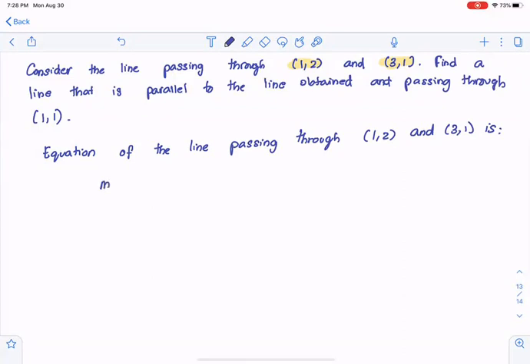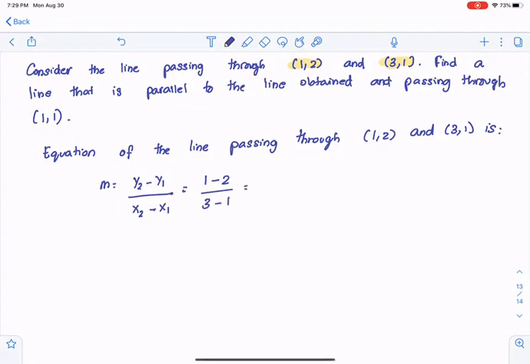So m is (y2 minus y1) divided by (x2 minus x1). So y2 is 1, y1 is 2, x2 is 3, and x1 is 1.